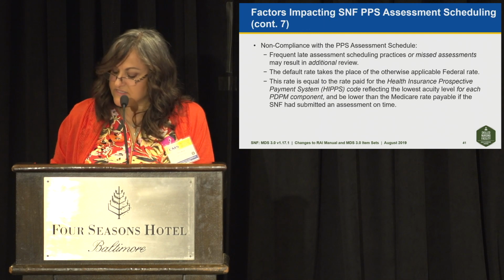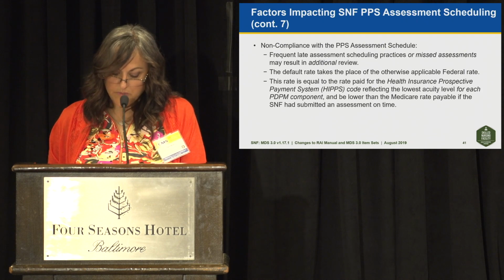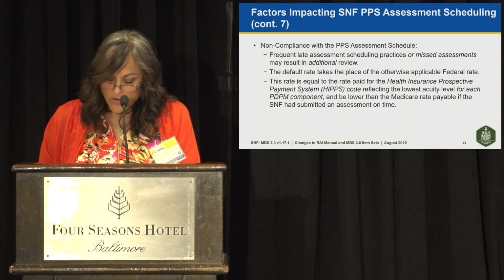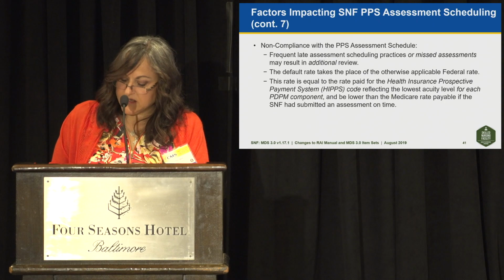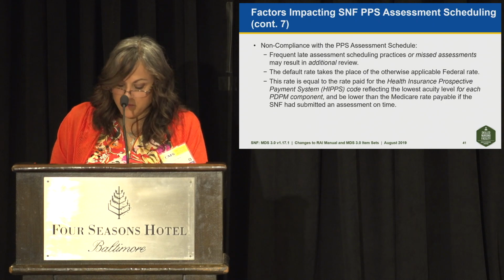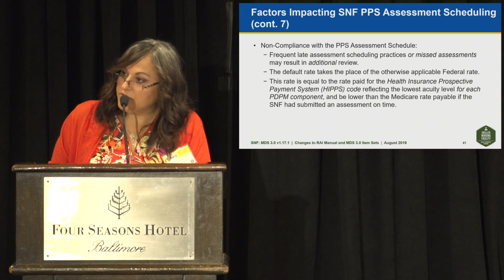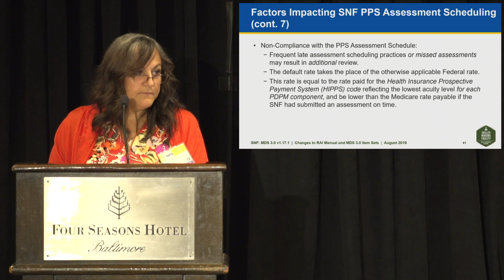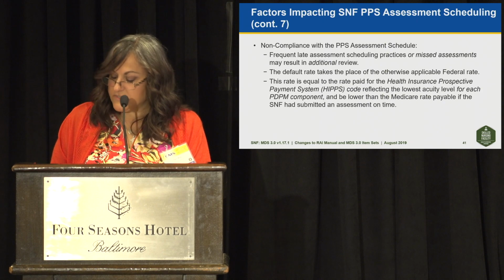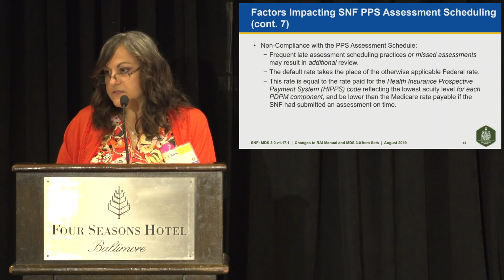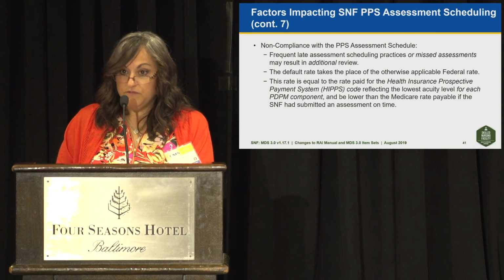The next portion of this section refers to noncompliance with the PPS assessment schedule. According to the Code of Federal Regulations, an assessment that does not have its ARD set within the prescribed ARD window will be paid at the default rate for the number of days that the ARD is out of compliance. Any frequent late assessment scheduling practices or missed assessments may result in additional review.